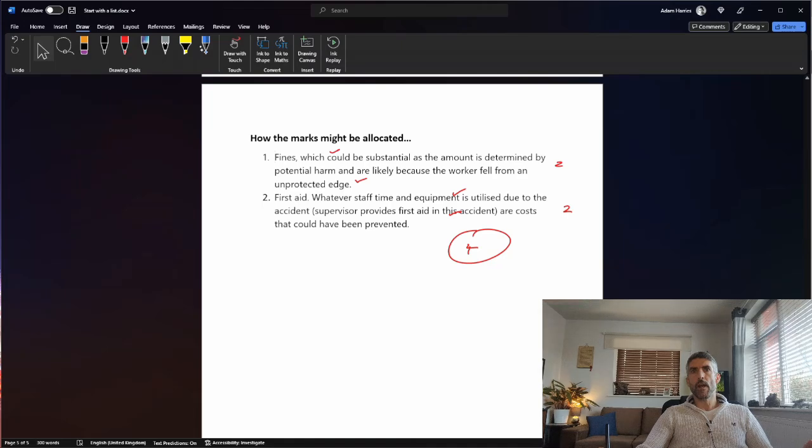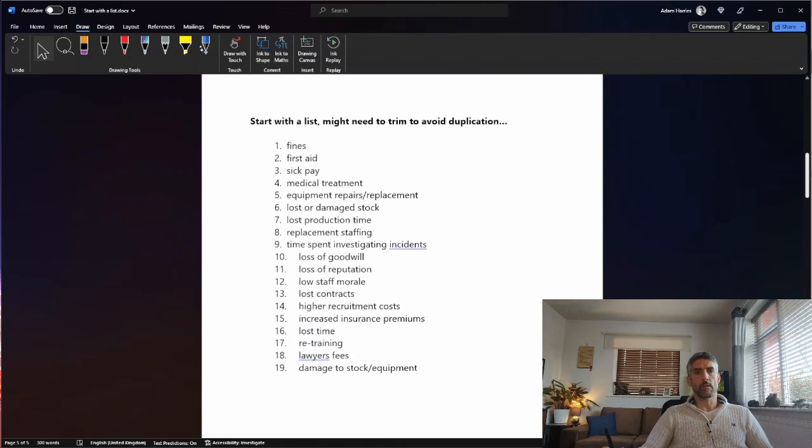You get marks for the theoretical points. You get also marks for including information from the scenario. Now, I don't want you to be under the impression that you can... what I'm worried about is you saying to yourself, do you know what, never mind the information from the scenario.